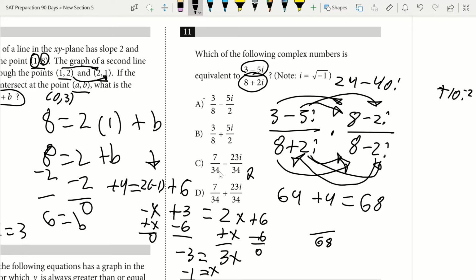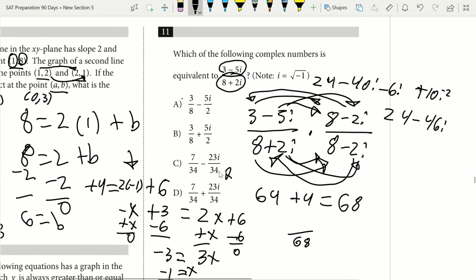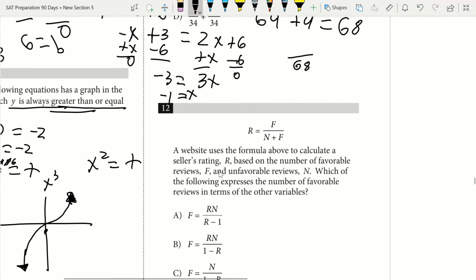And then I'm going to have a minus 2i times this 3 here. That's going to give me minus 6i. So I see that I will have 24 minus 46i, and then plus 10i squared becomes minus 10 because i squared is negative 1. So that's going to leave me with 14 minus 46i because 24 minus 10 is 14. All right, so that's going to be my numerator, 14 minus 46i.